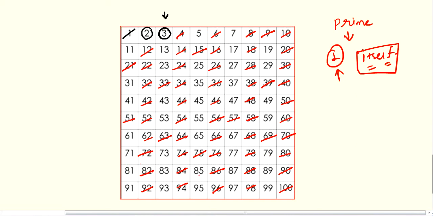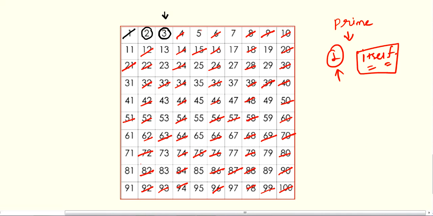Then next is 87. Then next is 93. Then 99. After that we are having 4, which is already striked out here.